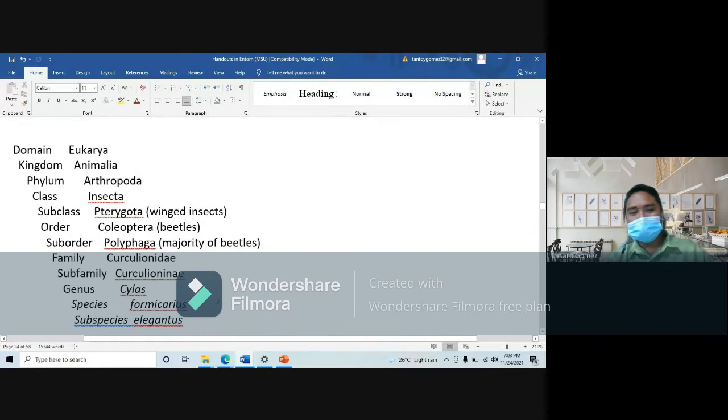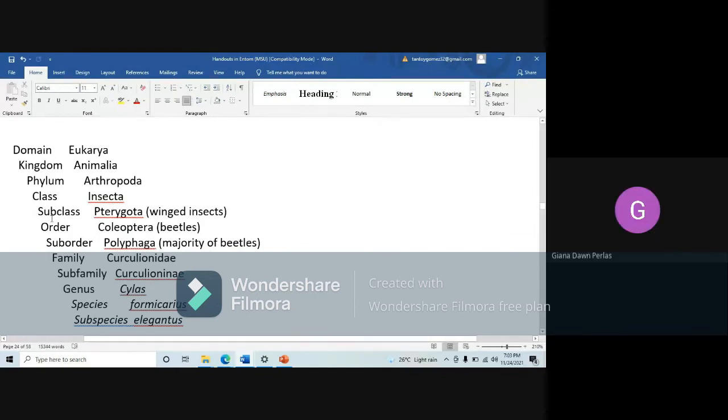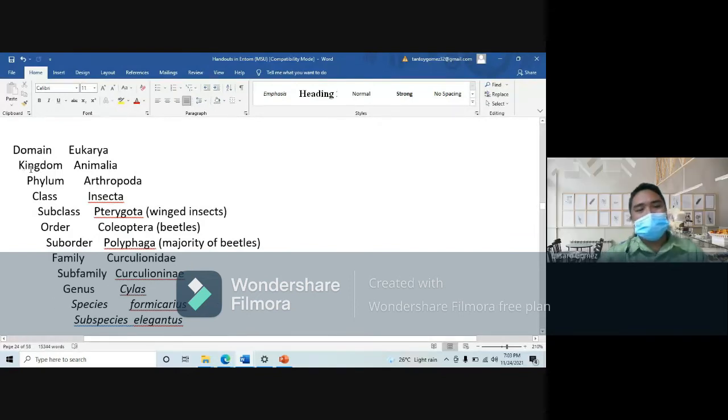Take note of this order. You cannot put a kingdom, class, and then move to genus. It goes from kingdom to phylum, classes, subclasses, order, suborder, family, subfamily, genus, species, subspecies.